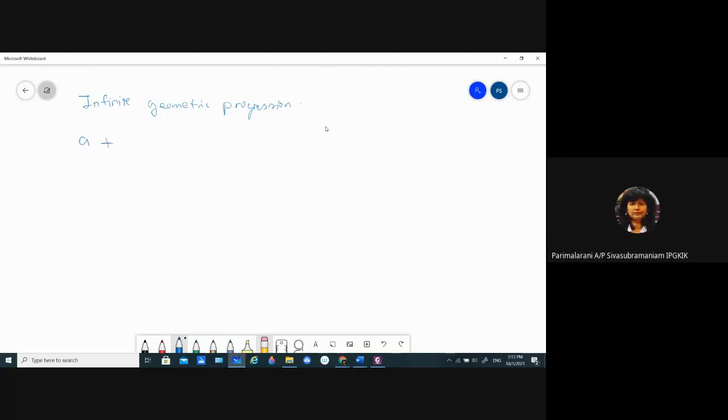This is a series, so I'm going to put an addition sign here. A plus AR, AR2, until we reach ARn minus 1. We know that Sn is equal to A(1 minus R to the power of n) over 1 minus R if modulus R is less than 1.